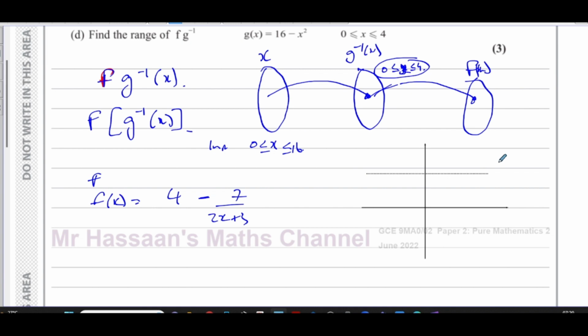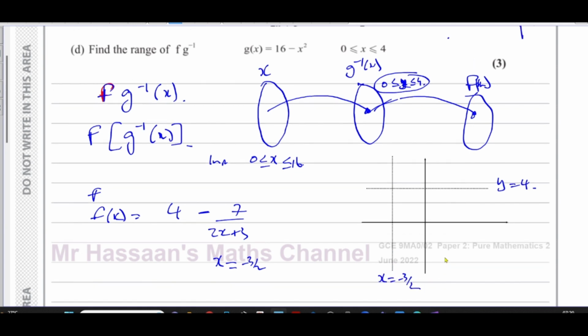And we have the vertical asymptote, where the x value that this can't take is when x is equal to negative 3 over 2. We probably don't have to worry about that because our domain doesn't include it, but I'm just showing you that would be negative 1.5. Whatever value makes this 0 is also going to be an asymptote, so x equals minus 3 over 2.